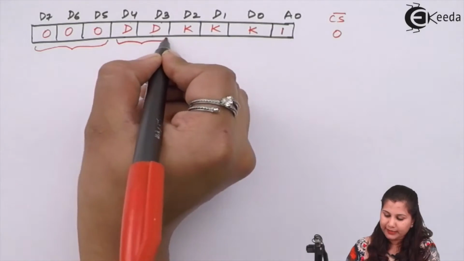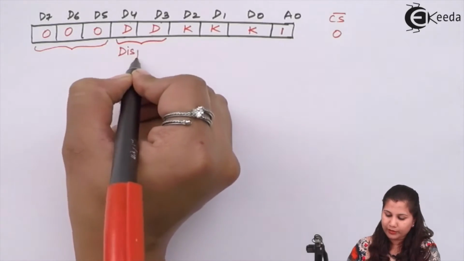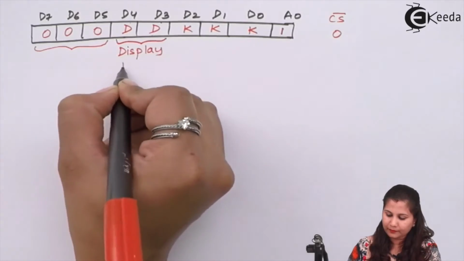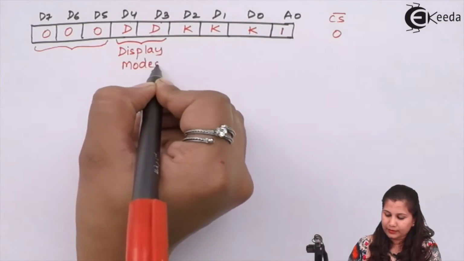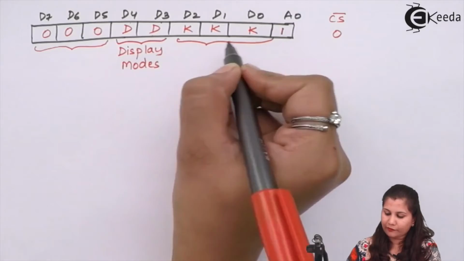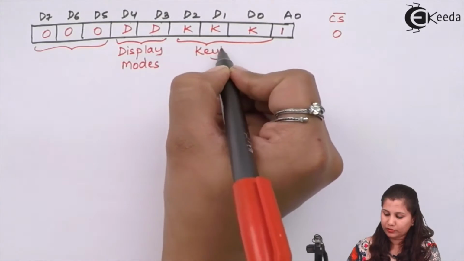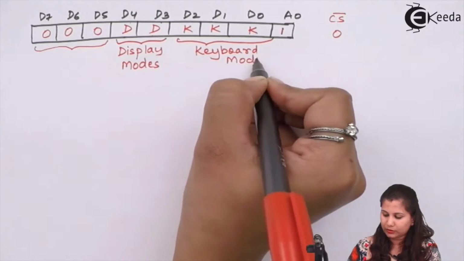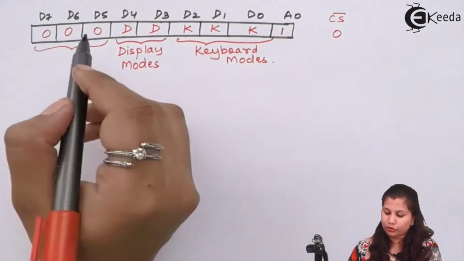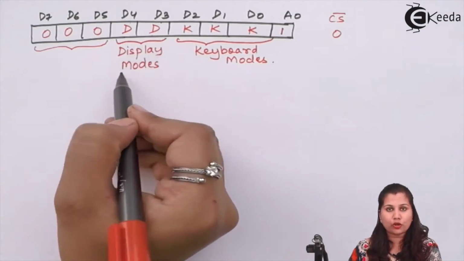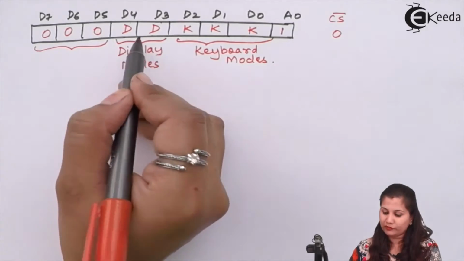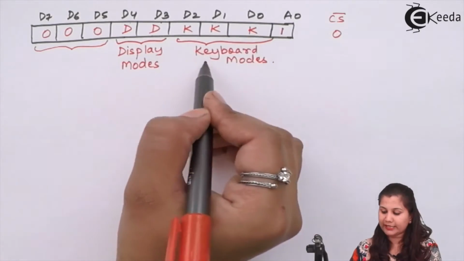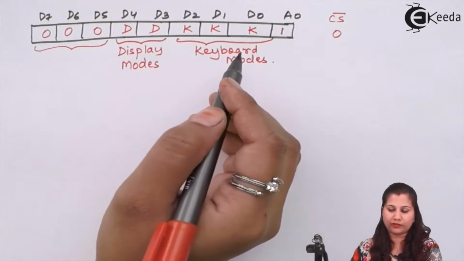So these two bits are for the display modes, and these 3 bits are for the keyboard mode. They decide which of the display modes will work, and which of the keyboard modes will work.